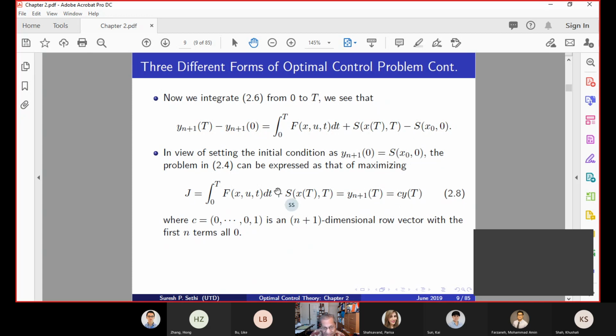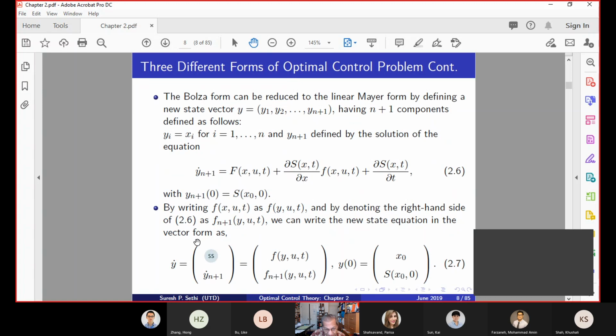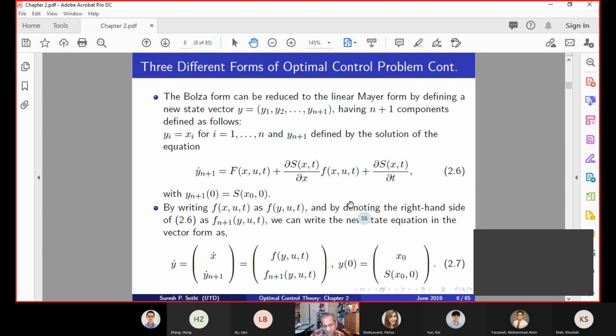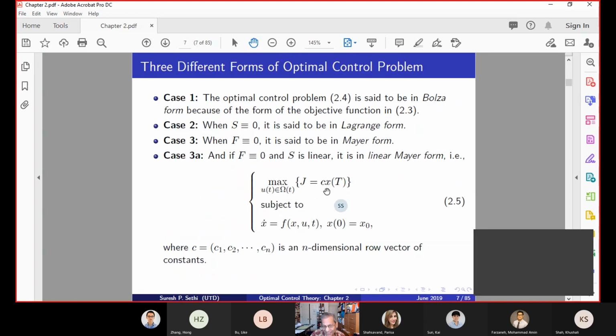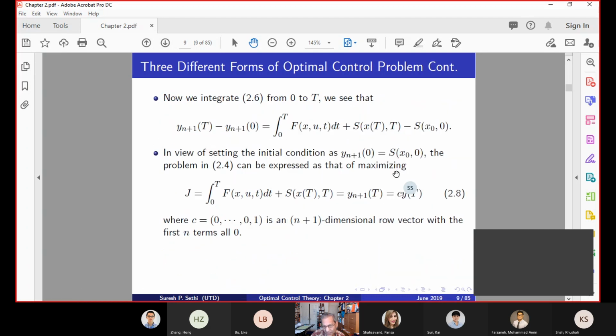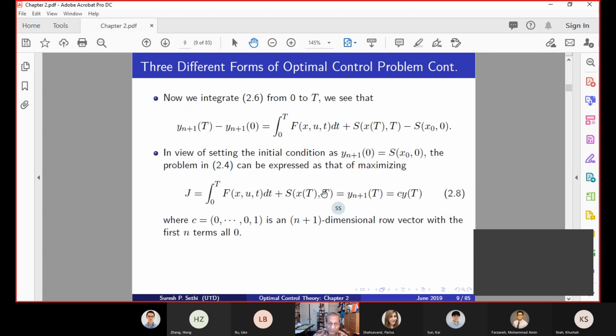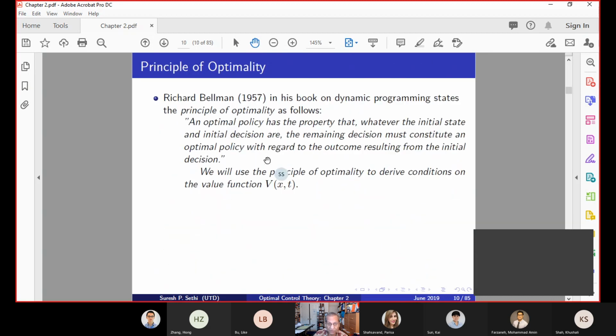So I have now converted the Boltzmann form into linear Mayer form, where the linear Mayer form has a state equation like this, which is n plus 1 dimensional, and the objective function like this, which is very similar. In fact, even simpler, because many of the components are 0. Only the last component is c_{n+1}. So you can see it's a linear function of the state. So that's done. A lot of times you will have the linear Mayer form, and you can see that it is not anything less general.